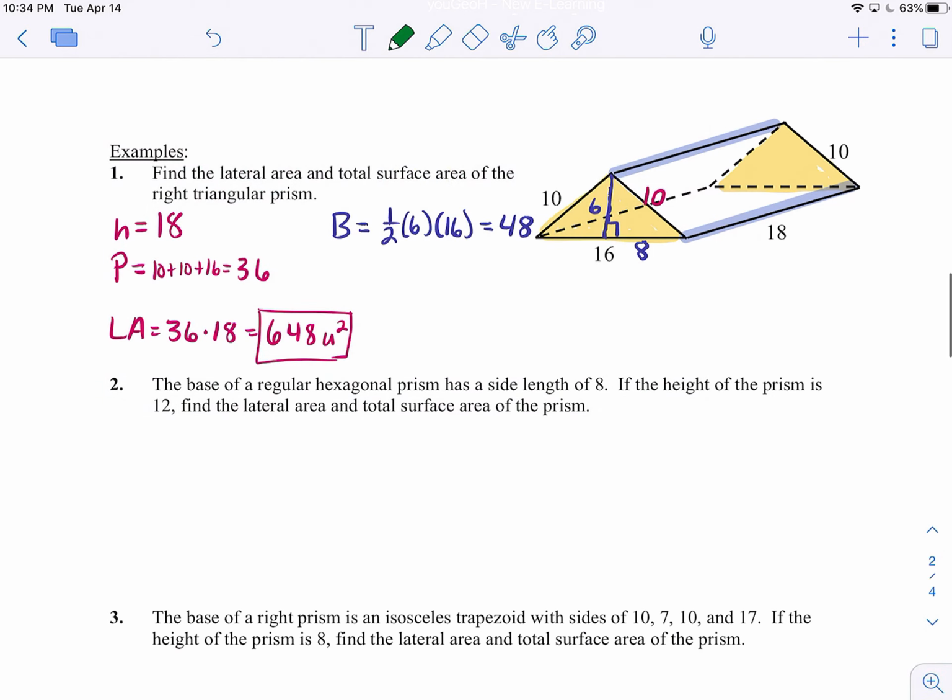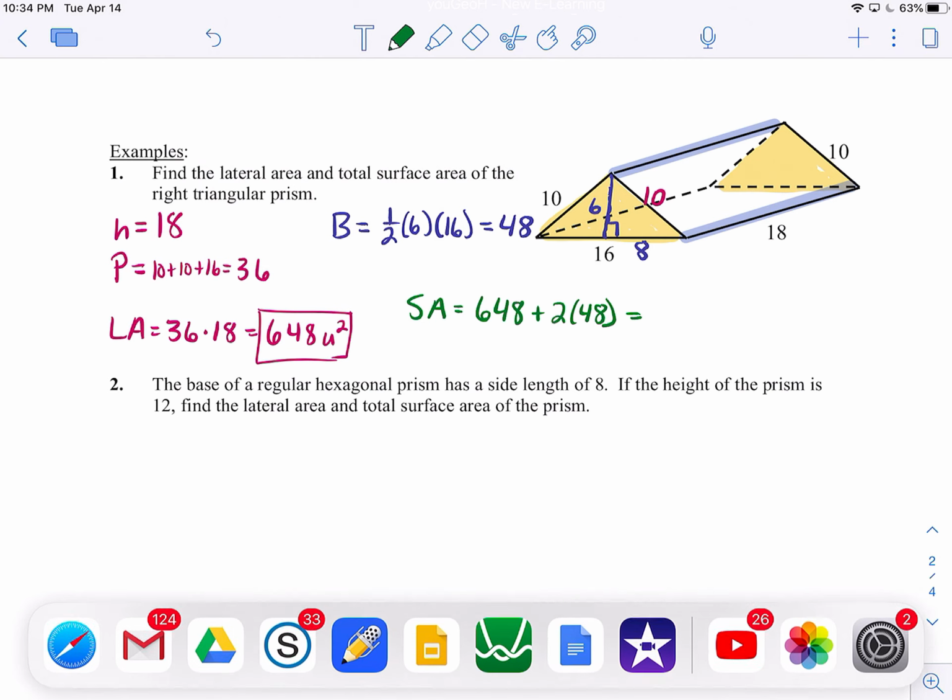So now our total surface area is going to be the lateral area, so the area combined of our 3 rectangles along the side, 648, plus 2 times the area of one of the bases, which is 2 times 48.